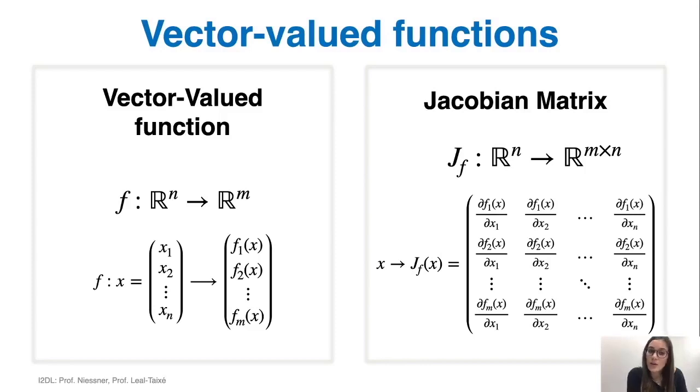The second row is doing the same with the function f2, and then we go down and repeat this procedure up to the mth row, where we have the partial derivatives of the mth function fm. So you can see that it's just combining the gradients of the functions f1 up to fm. So it's a generalization of the concept of a gradient.